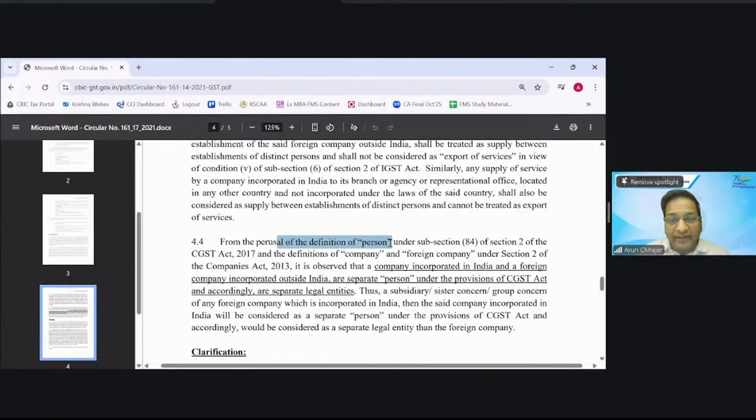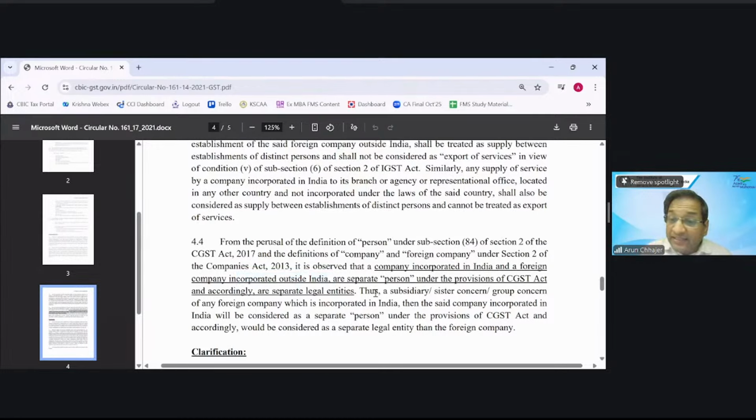From the perusal of the definition of the person, company and foreign company, it is observed that a company incorporated in India and foreign company incorporated outside India are separate persons.